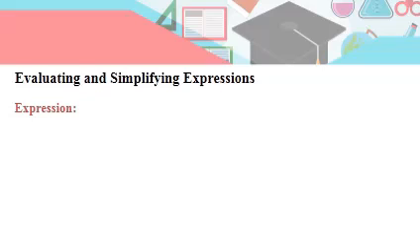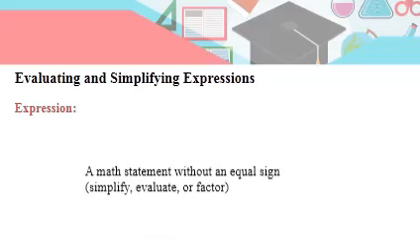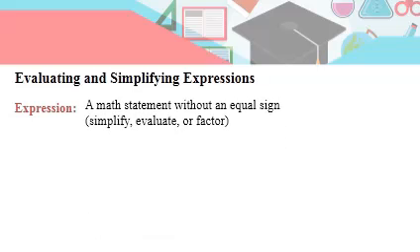But before we start, I need to make a quick revision of something that I need in this video. First of all, what's the meaning of evaluating and simplifying expressions? An expression is a math statement without an equal sign. For example, 2x plus 3 is an expression.